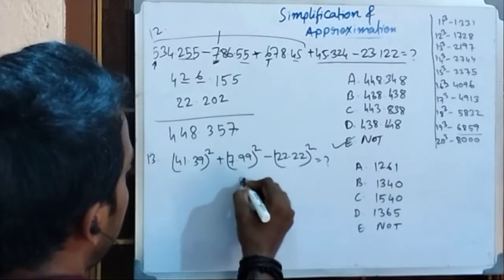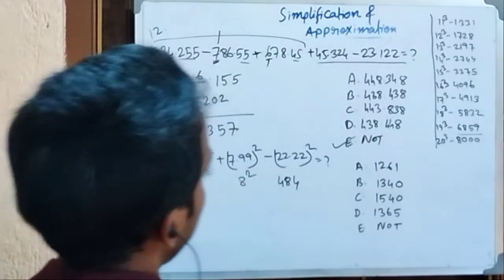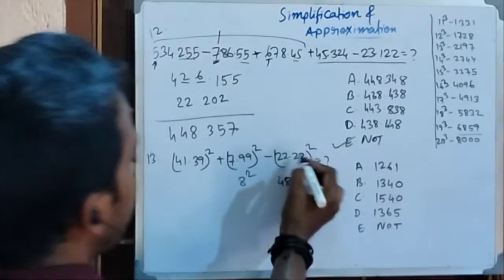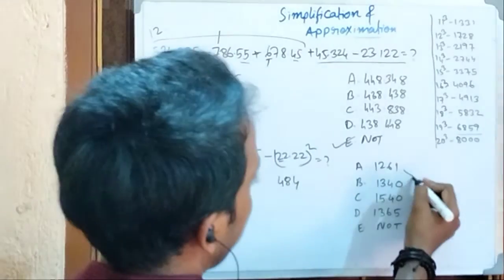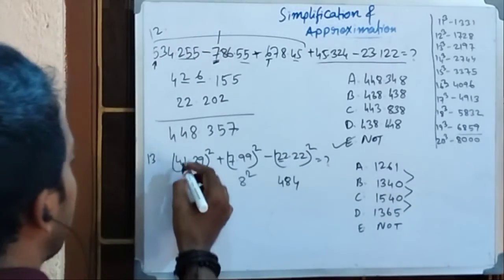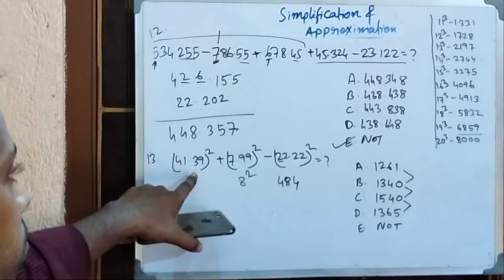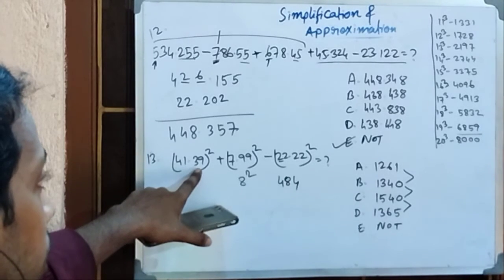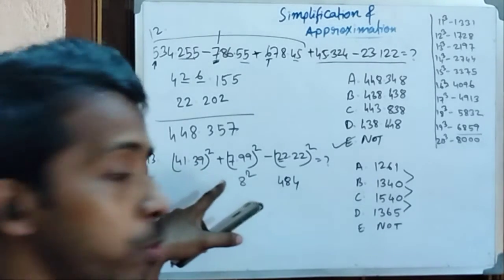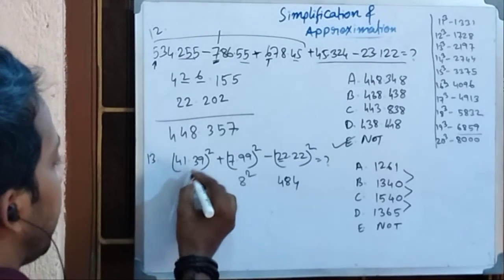We will take 8 square, 64, 22 square, 484. Because we are taking 22 square, the difference is very large, okay? That's right. So 41 square, if we are not thinking about 0.39 square or 0.4 square, I am taking just 41 square. So 9 less than 50.